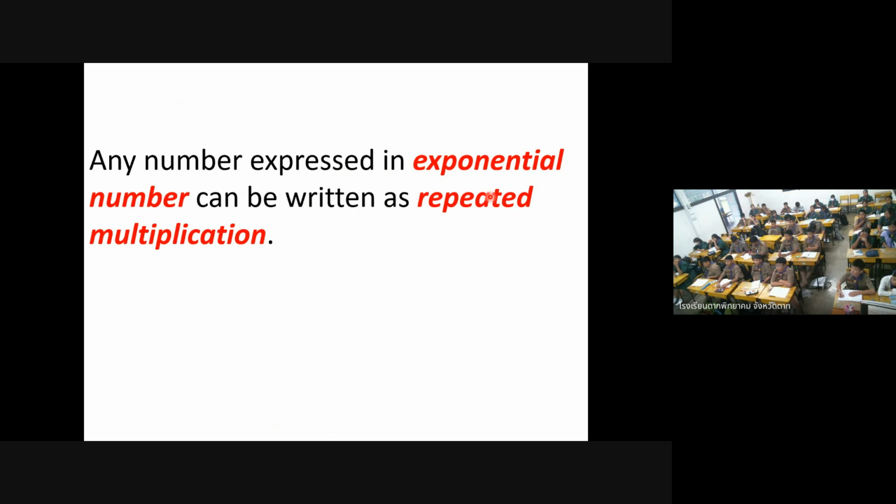Let me give you an example. We have here 9 to the power of 5. If we're going to express 9 to the power of 5 in repeated multiplication, the thing that you need to do is to multiply the base by itself depending on the exponent. So what is the base? 9. So we're going to multiply 9 by itself.